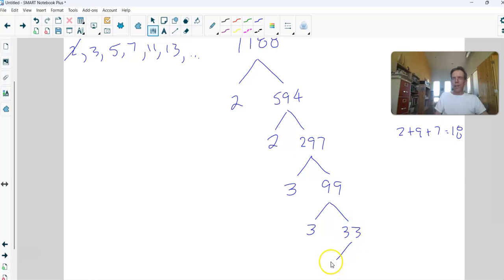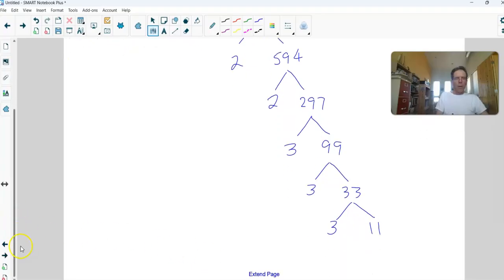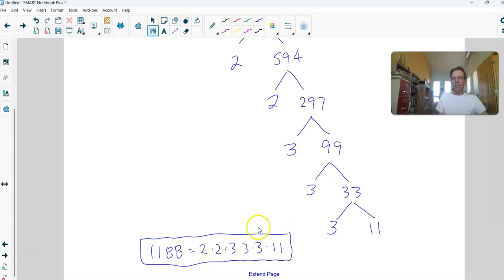It's still divisible by 3. Okay, and then we get 11. And now we're done. All the branches lead to prime numbers. So we see that the prime factorization for 1188 is 2 times 2 times 3 three times and an 11. You can see how easy this is, right? So use a factor tree to get the prime factorization of numbers. We'll see why we want to do that later.